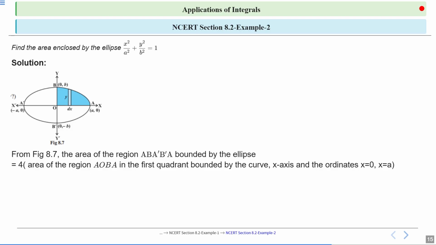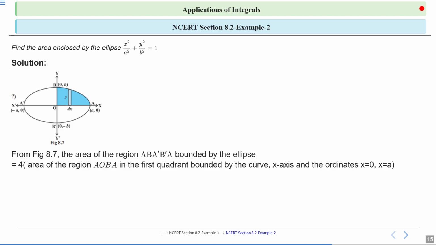and the x-axis and the ordinates x = 0 and x = a. To calculate the area of the region in the first quadrant, we take a vertical strip that is parallel to the y-axis.